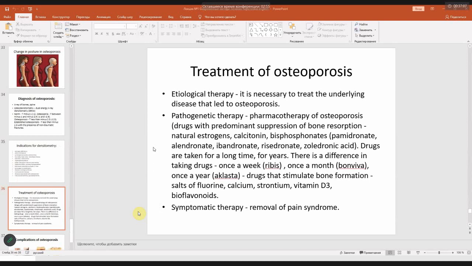Treatment of osteoporosis. Etiological therapy is necessary to treat the underlying disease that led to osteoporosis.